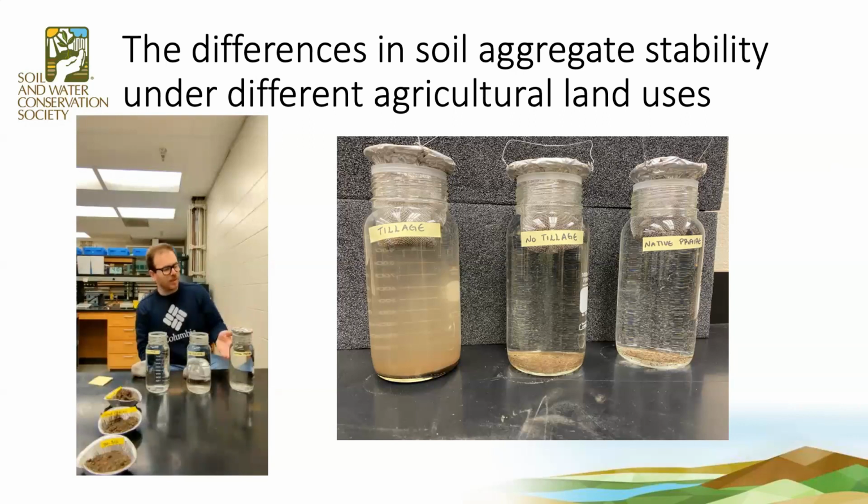You can observe that just a little bit of the soil disaggregated, so it has a really good aggregation and a really good water stable aggregation in this situation. Moving forward to the no tillage field, we can see that we lose more soil if you compare with the native prairie situation, but it's not so much.